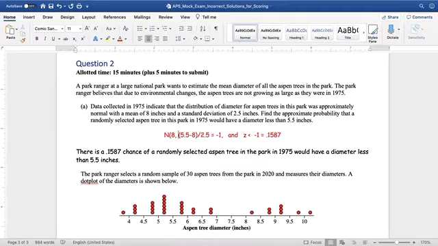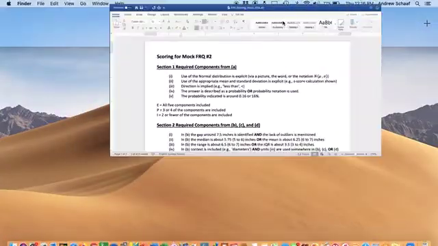We're using a normal distribution with a mean of 8 and a standard deviation of 2.5. So here, I've got my distribution. I am using this z-score. So I've now got my reference to normality. I have my use of the mean and the standard deviation, and I have the direction.